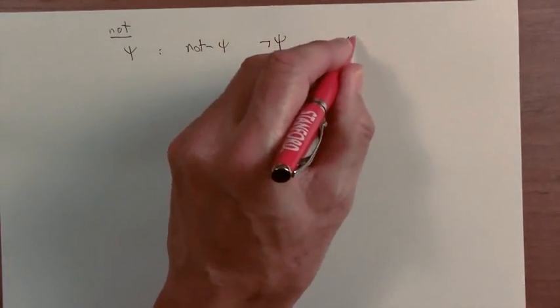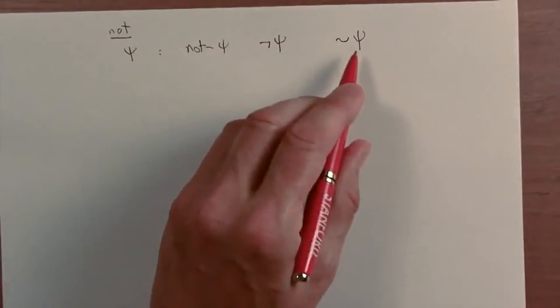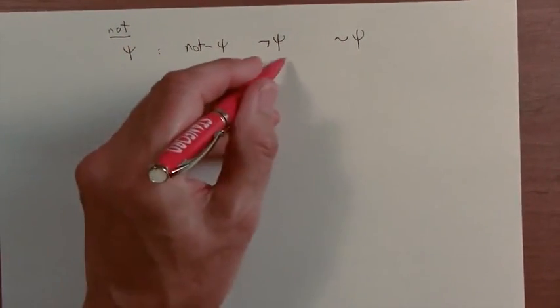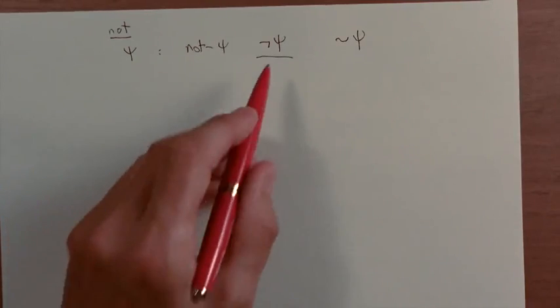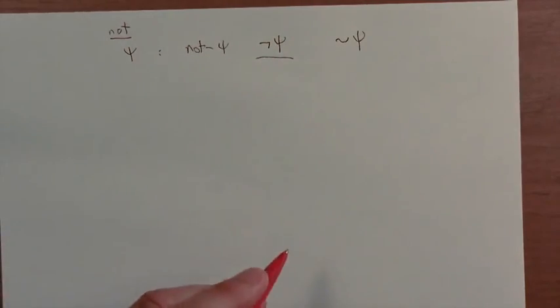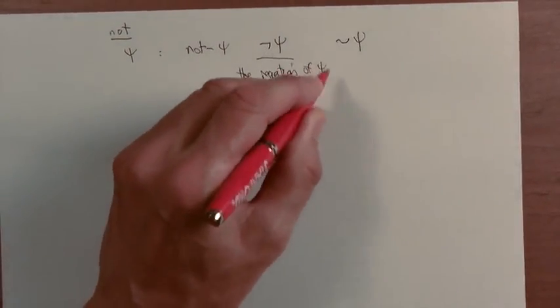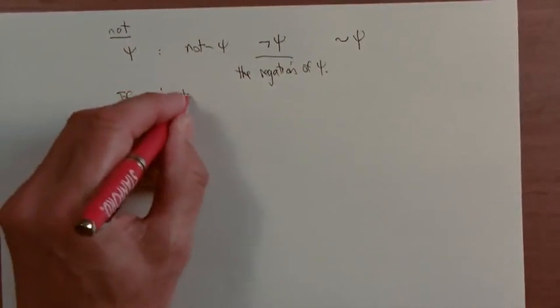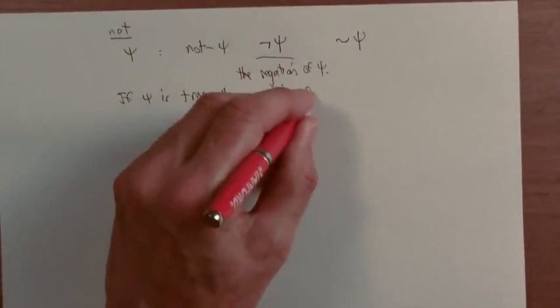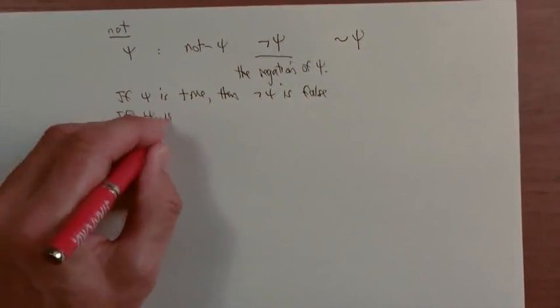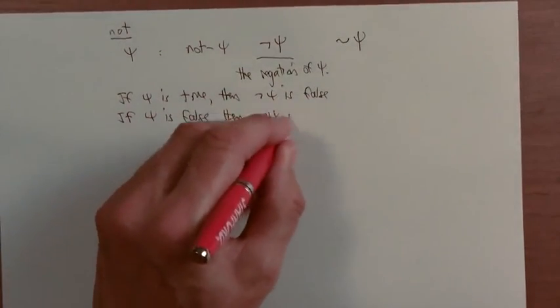Older textbooks you'll find will use a tilde. That's not the one I'm going to use. I'm going to stick with the modern notation, this sort of negative sign with the hook. And we call this the negation of psi. If psi is true, then the negation of psi is false. And if psi is false, the negation of psi is true.